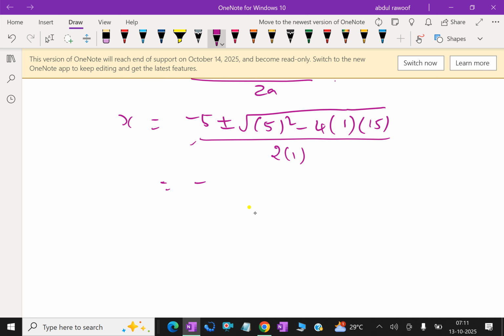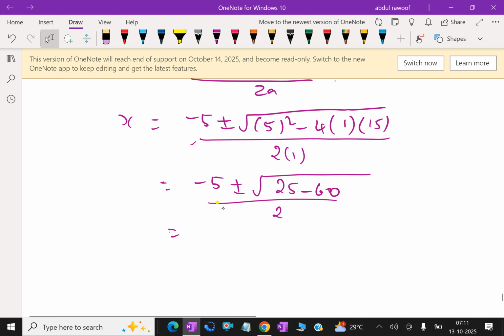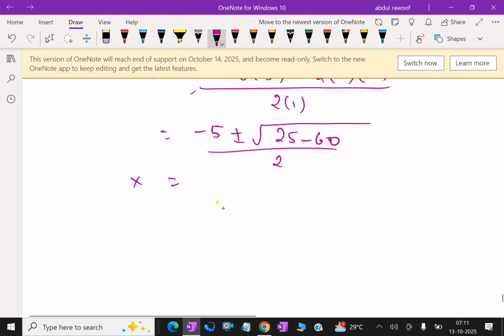Here, minus 5 plus or minus root of 5 square is 25 minus 60, 4 into 15 is 60, by 2 into 1. So x equals minus 5 plus or minus root of minus 35 by 2.